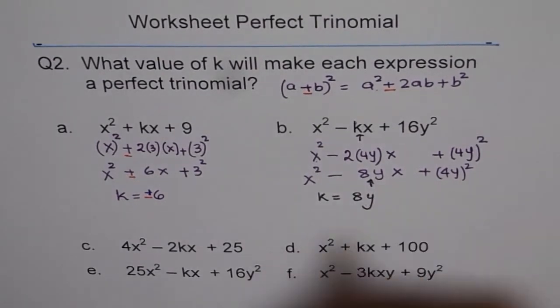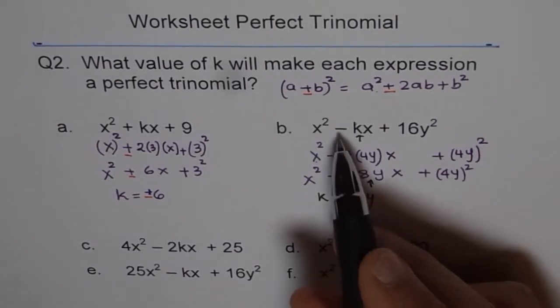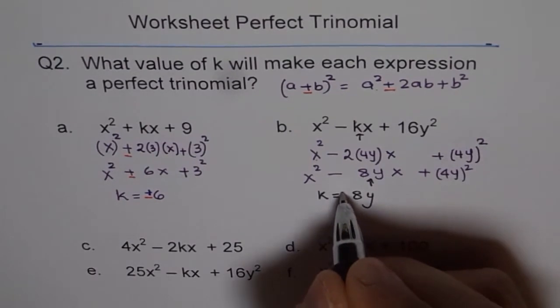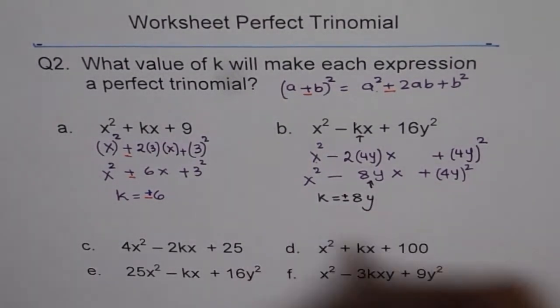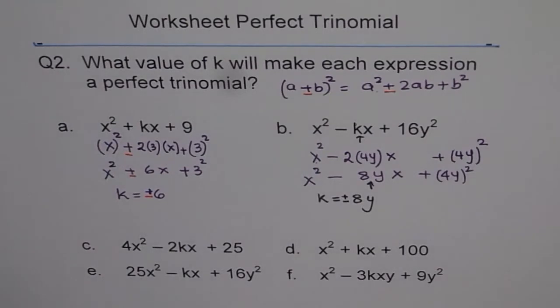Do you see that? So k equals 8y is one of the solutions, right? But remember, if k is 8y, you get minus here, but k could be plus or minus 8y. Both will work, correct? So that is how we can check whether it is a perfect trinomial or not, or what value will make it perfect.